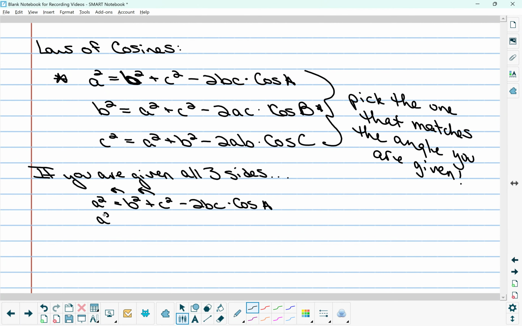So I'm going to go A squared minus B squared minus C squared. That's going to be equal to negative 2BC times cosine A. Okay, well now I'm going to divide this side by negative 2BC. And you don't have to be able to reproduce this. I just want you to know where it's coming from. So this will cancel this and leave all of this equal to cosine A.